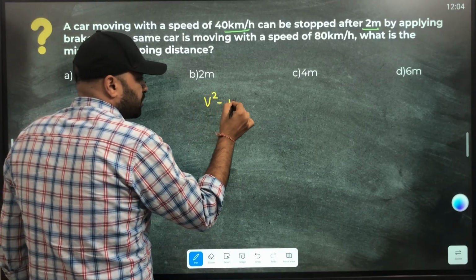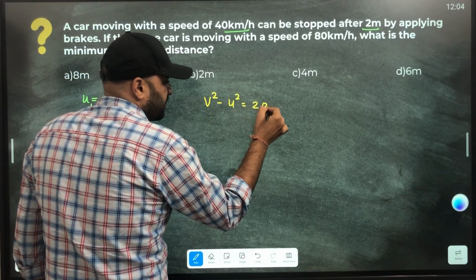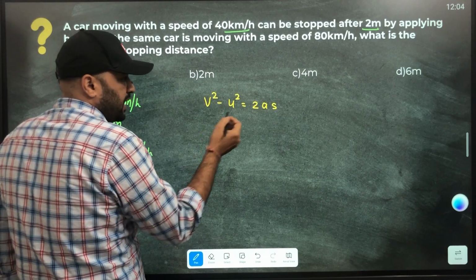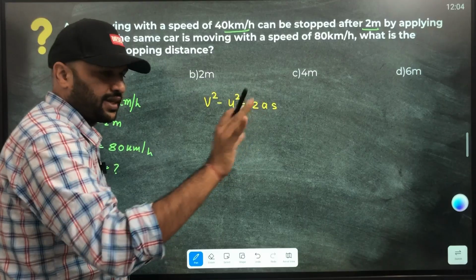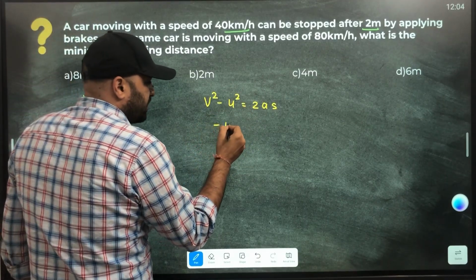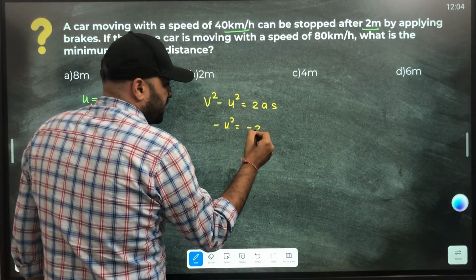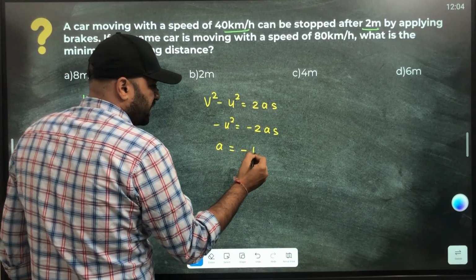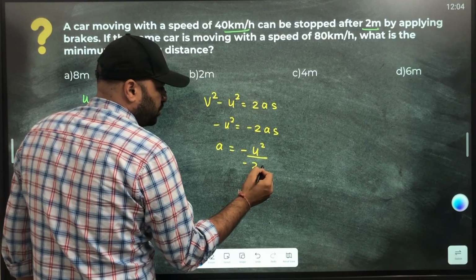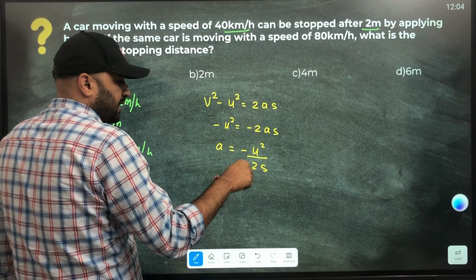v square minus u square equals 2as, and if something is stopping, v will be 0, and if it is retardation, a will be negative, because you are applying brake. Minus u square will be equal to minus 2as. So acceleration a will be equal to minus u square upon minus 2s. I hope this negative went.